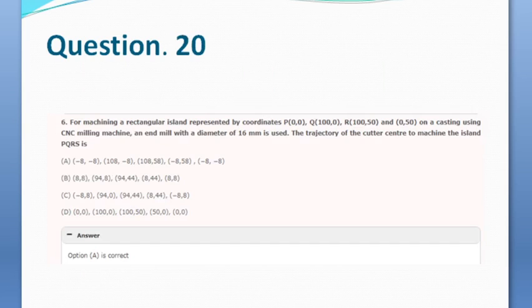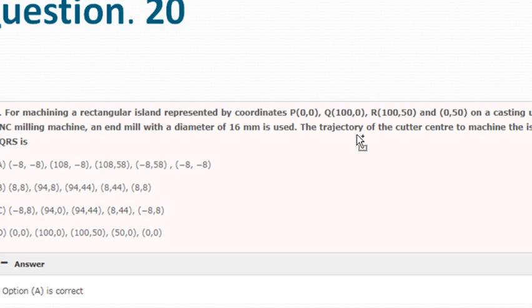Then question number 20. For machining a rectangular island represented by coordinates P, Q, R and S, points 0,0, 100,0, 100,50 and 0,50, on a casting using a CNC milling machine.